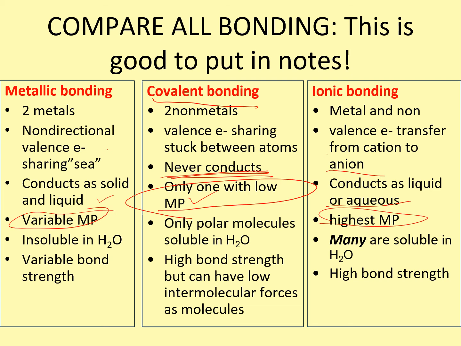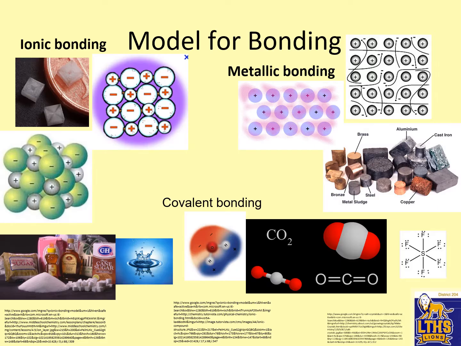Metallic substances are insoluble in water. Covalent ones, if they're polar, dissolve in water, and then ionic ones, many are soluble in water. Variable bond strength, high bond strength, but could have low intermolecular forces, and ionic usually have high bond strength.